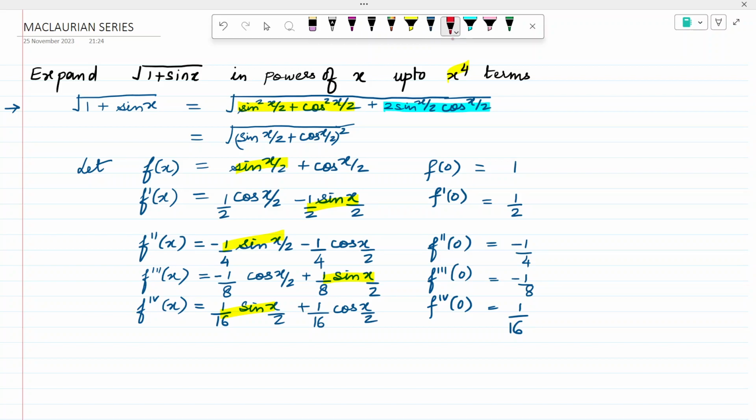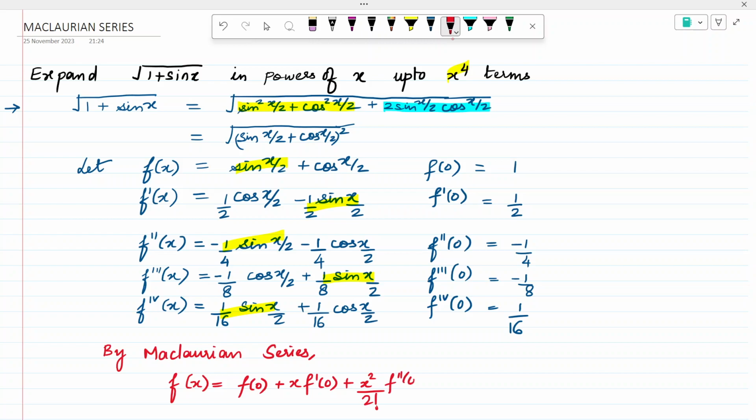Okay, so अब Maclaurin series use करेंगे. So Maclaurin series का formula: f of x is equal to f of 0 plus x f dash of 0, x square by 2 factorial f double dash of 0, x cube by 3 factorial triple dash, x raised to 4 by 4 factorial and fourth dash.